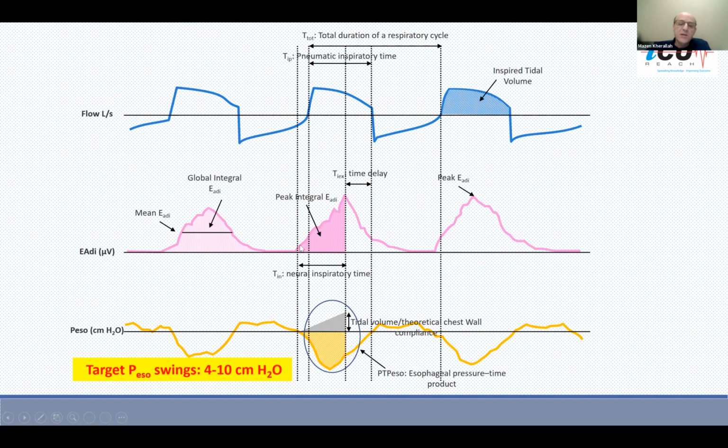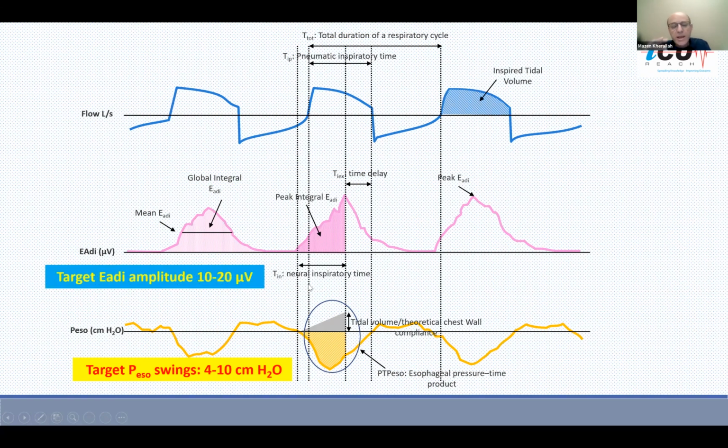You can see the electrical activity increased. The ventilator is triggered here. This is inspiration. However, the patient ended inspiration here. The inspiratory time on the ventilator did not end yet. And you can see, we're going to be talking about this, this is the esophageal pressure that is correlating with this electrical activity. So this is the inspiratory time for the patient, what we call neural inspiratory time.